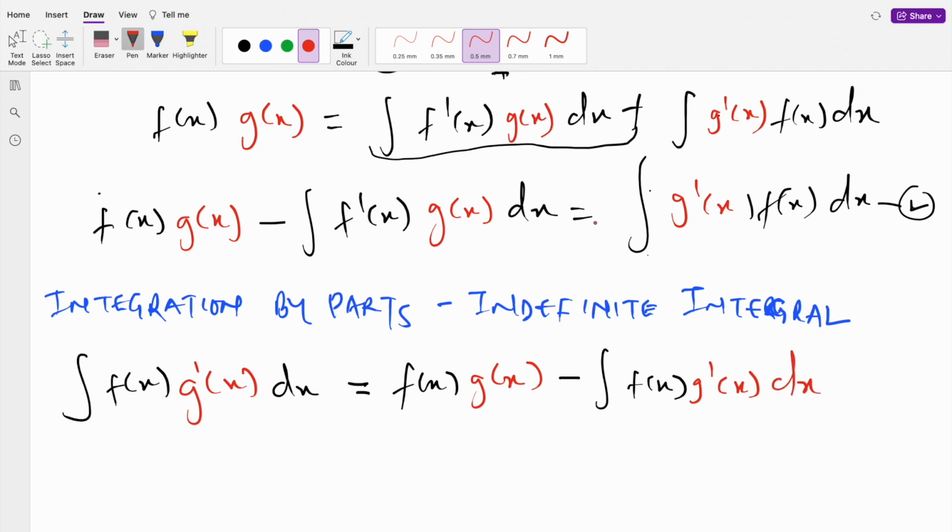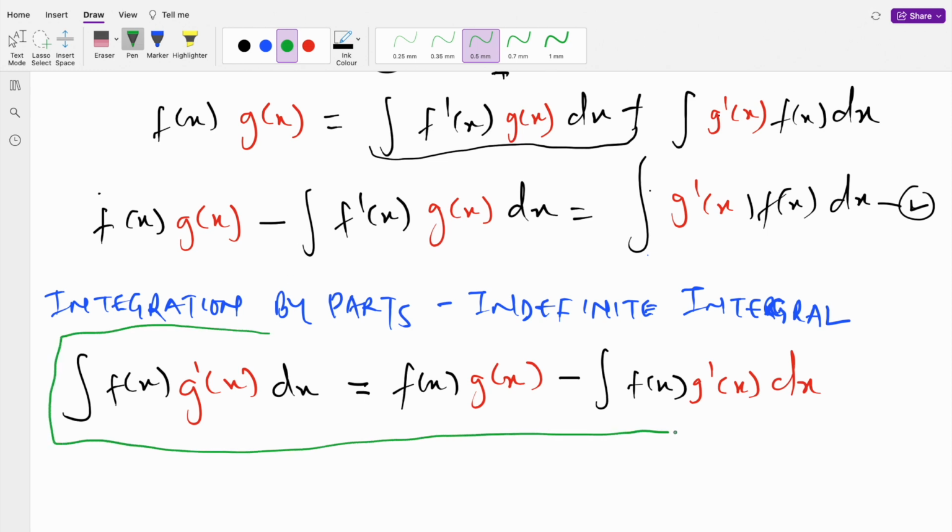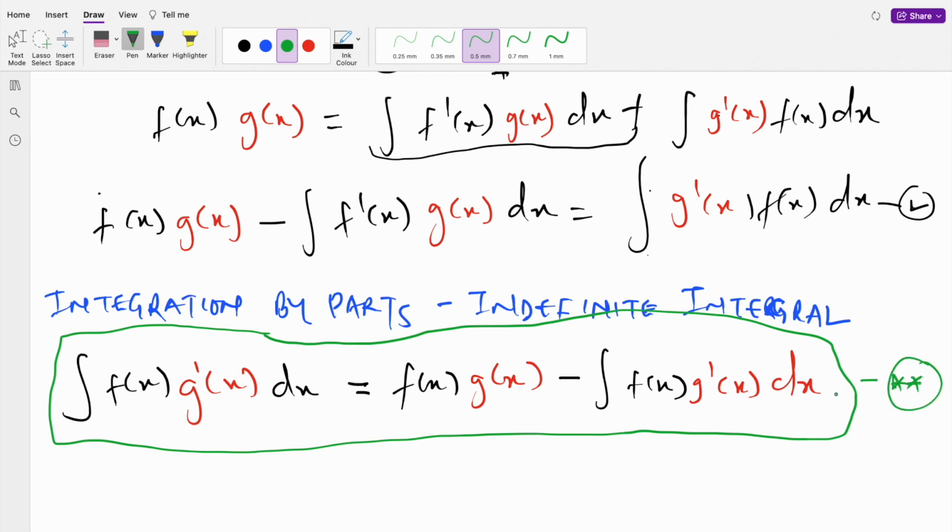So this is the equation we'll be using. Please put it in mind. Call it equation star.